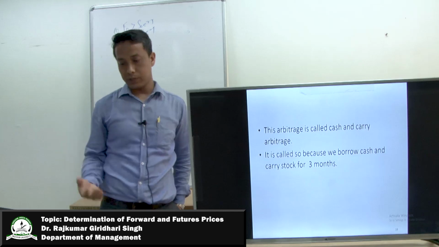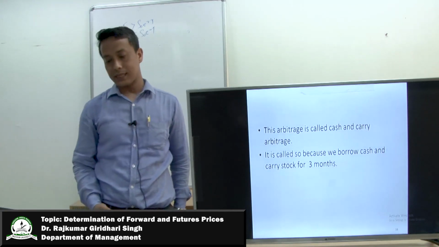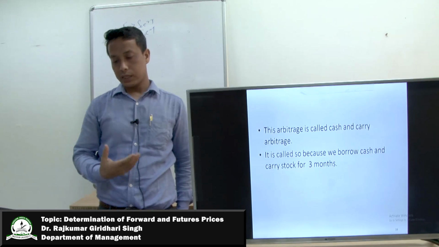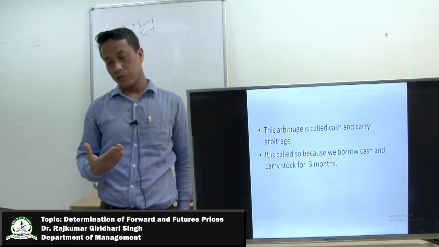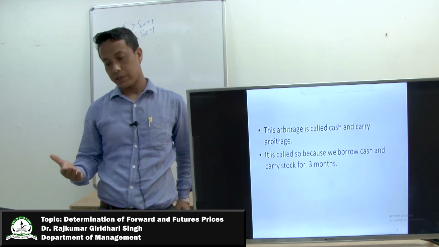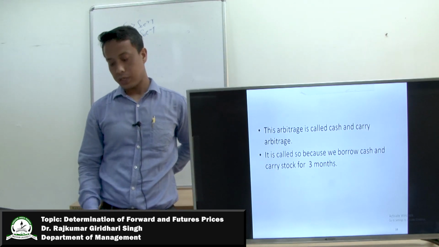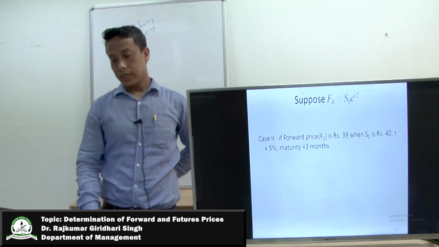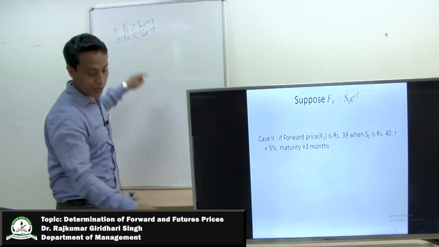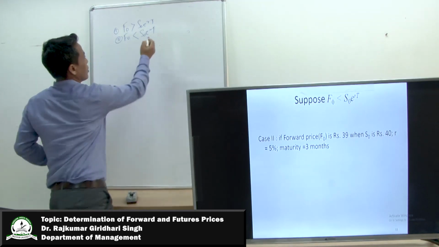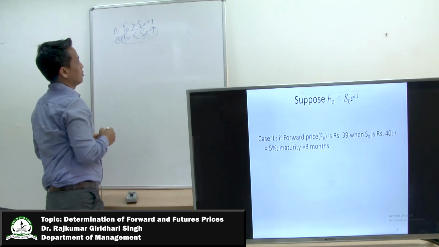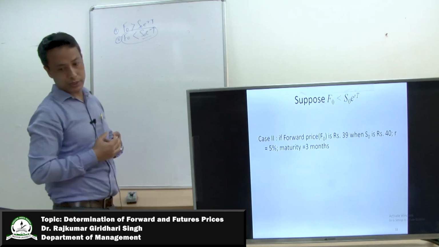The first method that we just adopted is called cash and carry arbitrage, for the very reason that we borrow cash and then we carry the stock for 3 months. That is why it's called cash and carry arbitrage. Now next example, case 2. This is the case where your spot price is more than your forward or future price.